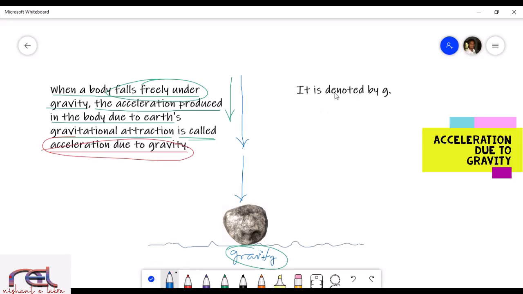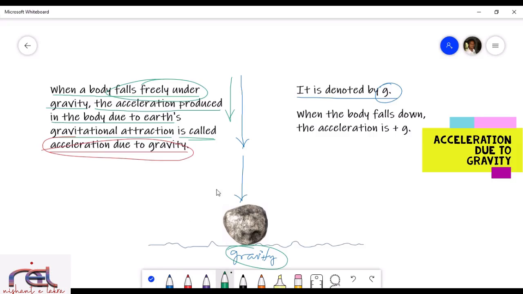Now generally acceleration due to gravity is denoted by g. When the body falls down, the acceleration is plus g or positive g.